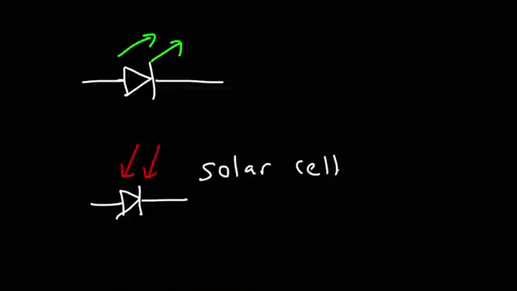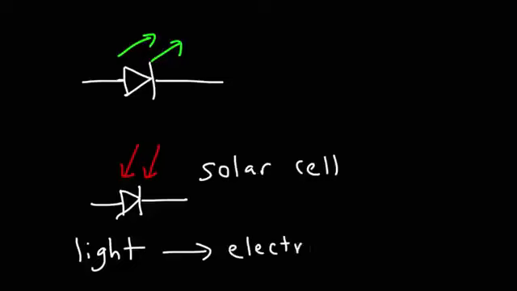A solar cell converts light energy, typically from the sun, into electricity. And so a solar cell is a power source, more specifically a DC power source. It kind of works like a battery in the presence of light, generating electricity that can be used to power your circuits.